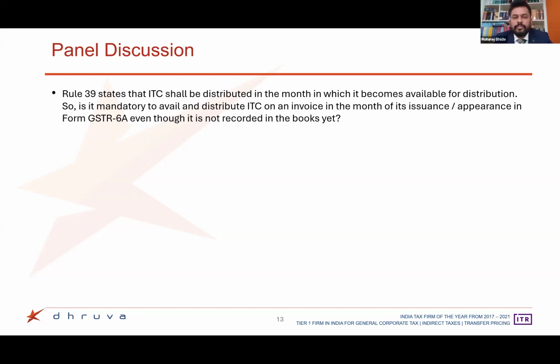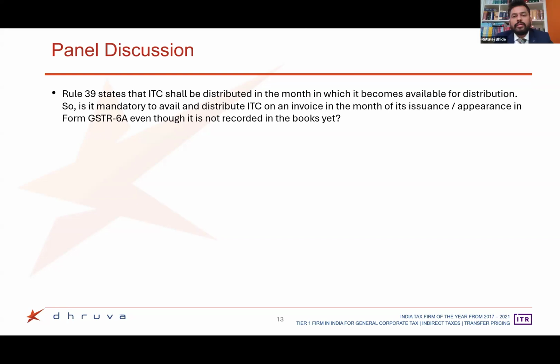Summarizing, it is up to you. Only in the month in which you show the invoice for distribution does it become available for distribution. So there can be a gap between the date of the invoice and the date on which you distribute the ITC, and that gap is totally up to you.